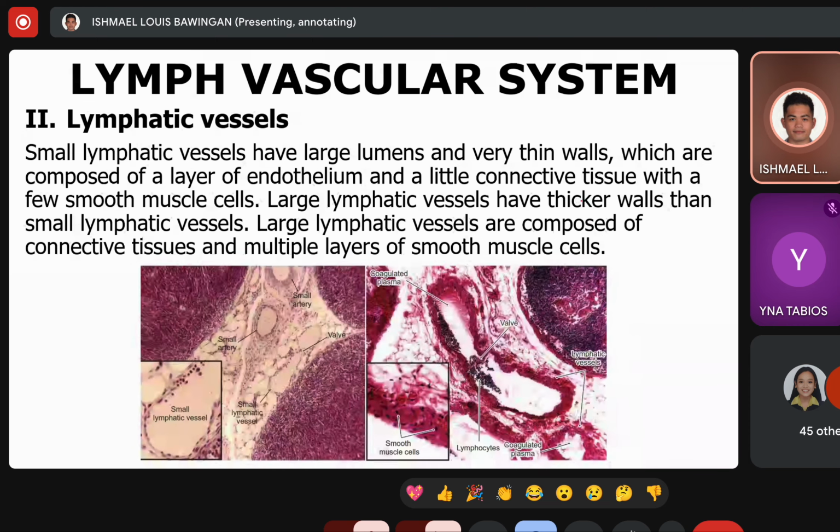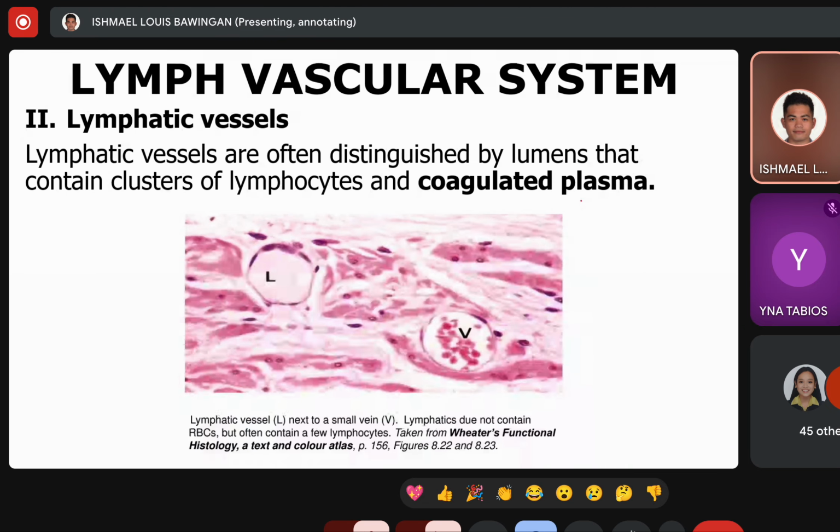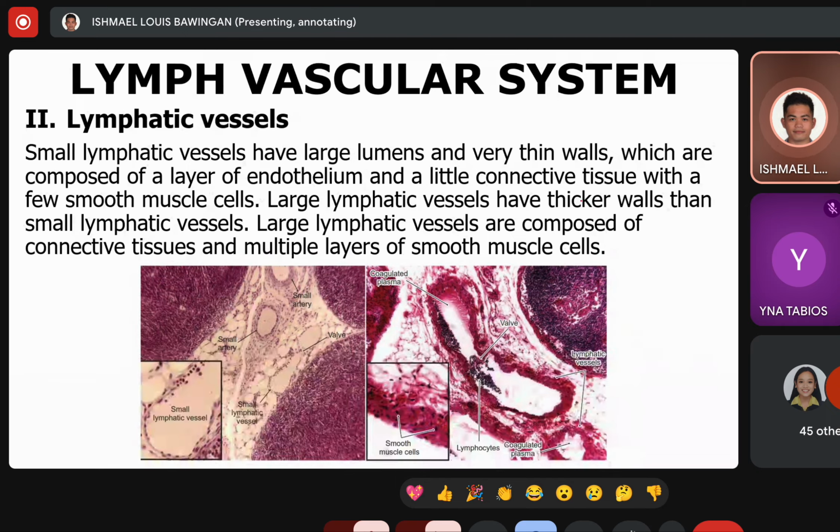After your lymphatic capillaries in the tissues, they will arrive in larger vessels called lymphatic vessels. They share the same shape and structure as your arteries and veins. They have a tunica intima, media, and adventitia. But one differentiating characteristic is that lymphatic vessels don't have red blood cells, erythrocytes.